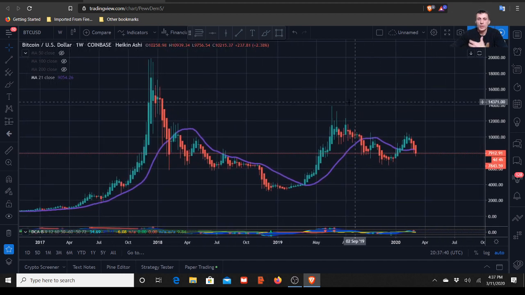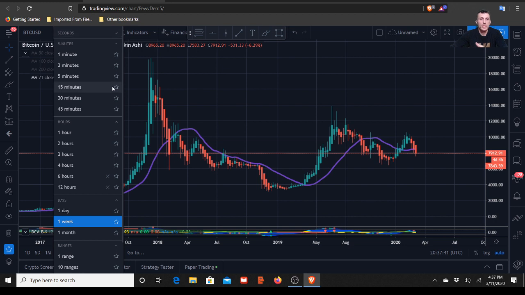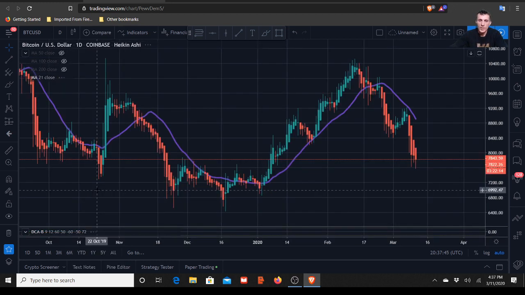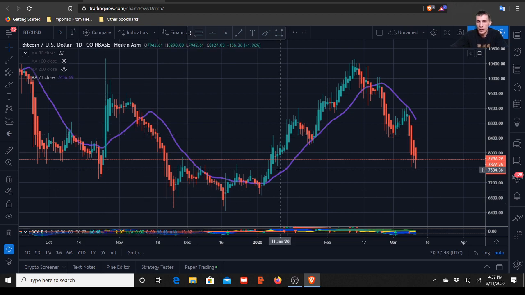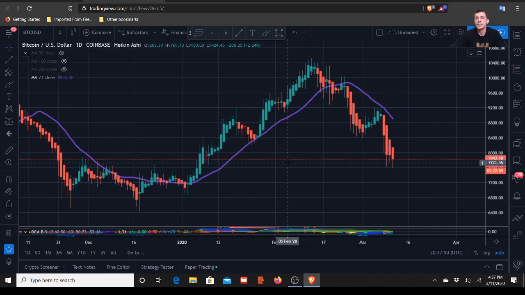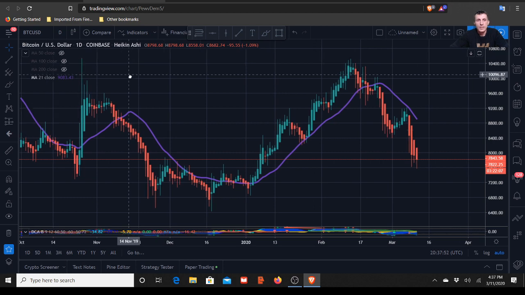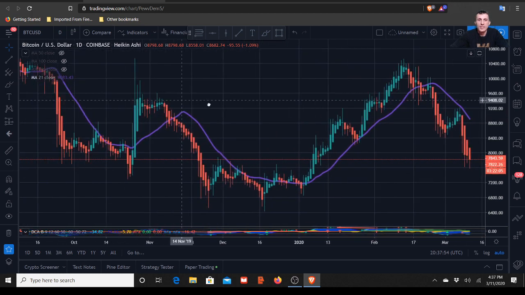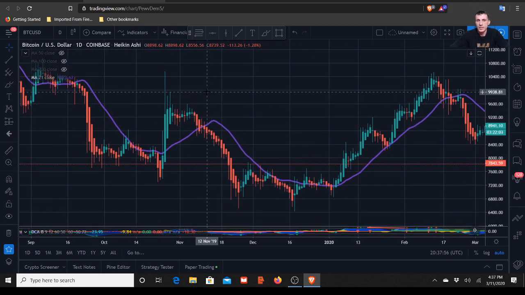Alright guys, Bitcoin is not dumping because of coronavirus. Bitcoin does not move on news like that. One of the biggest reasons why Bitcoin had to move down was we were playing out a nice double top right here.